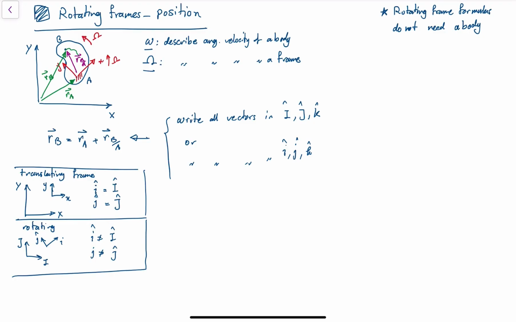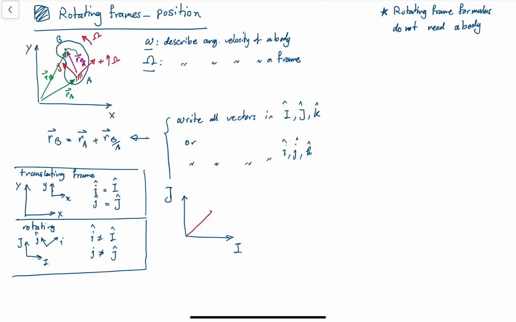And in that case, for instance, let me draw this. This is, let's call it big J, big I, and your little i, little j, although both of them must be same size.